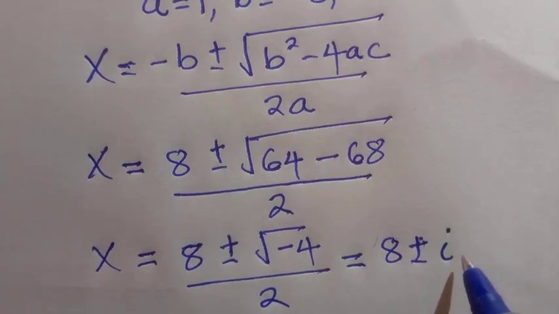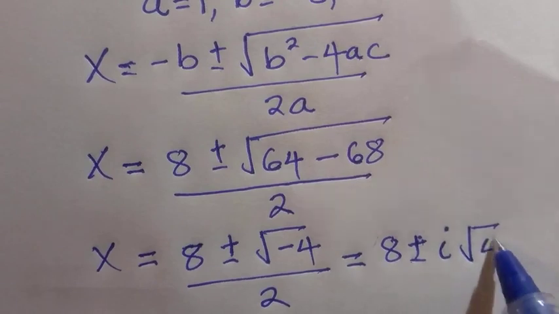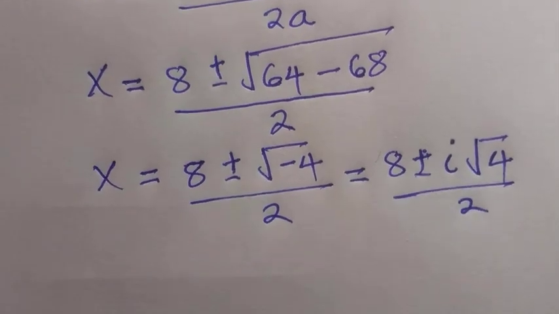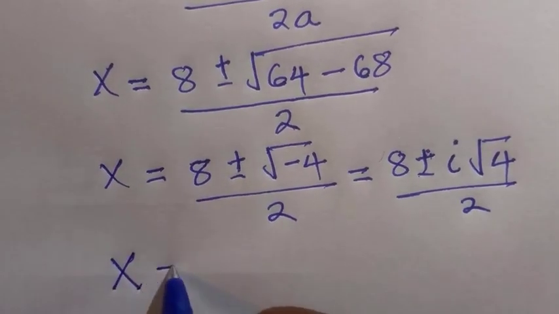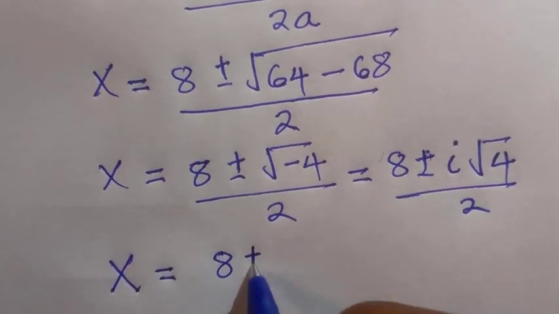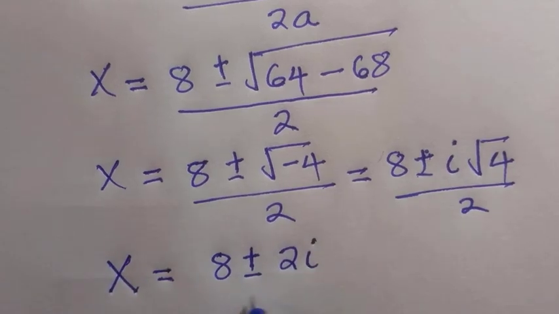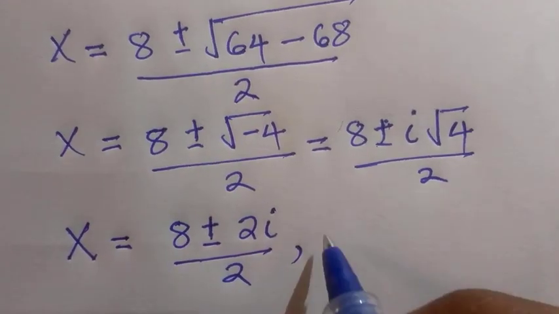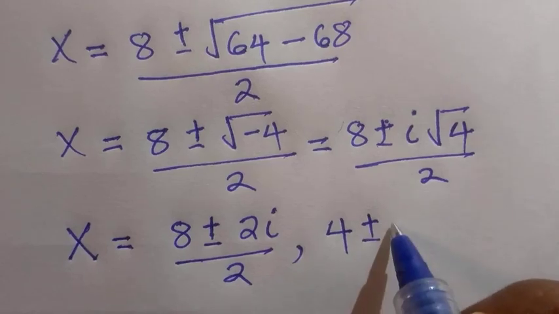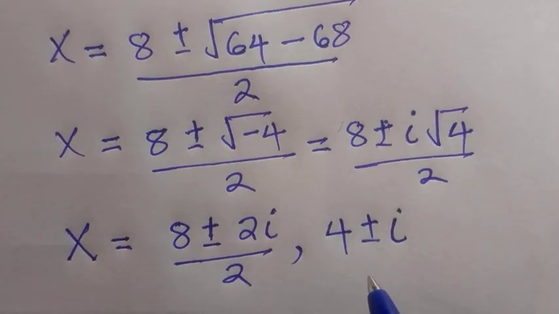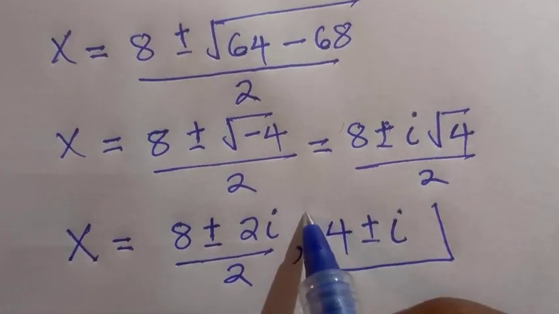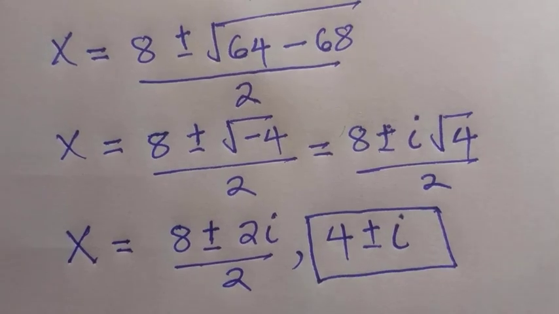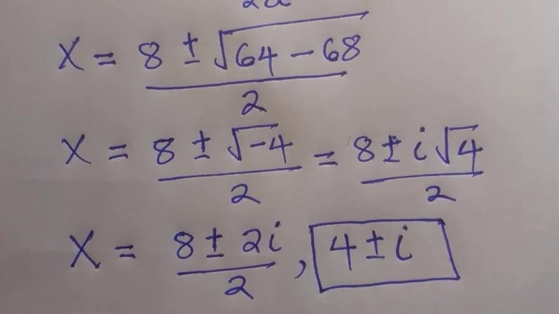The square root of 4 is a perfect square and it is 2. So x = (8 ± 2i) / 2. When we factor out 2, we cut it, and we have 4 ± i. These are the complex solutions: 4 + i and 4 − i.